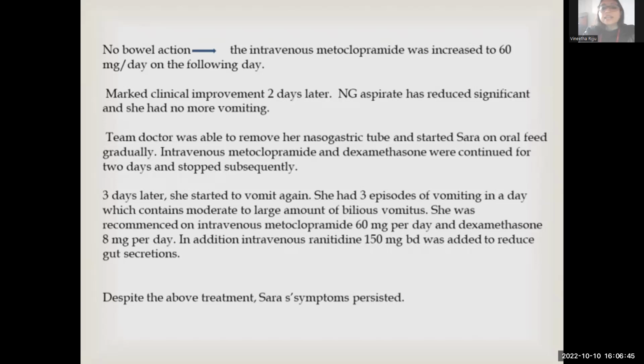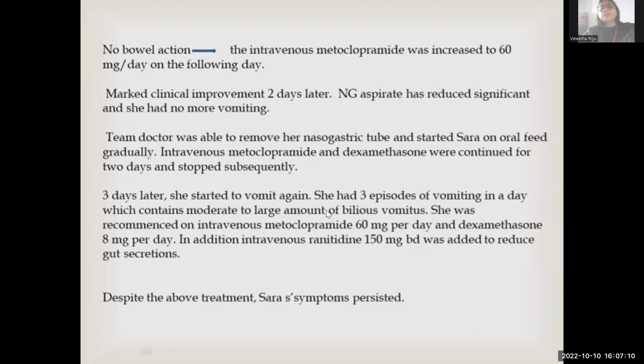3 days later, again the vomiting starts. And she was recommenced on IV metoclopramide 60 milligram per day, dexamethasone 8 milligram per day, and IV ranitidine was added to reduce the gut secretion. So in spite of all that, her symptoms persisted. So what do you think went wrong here?